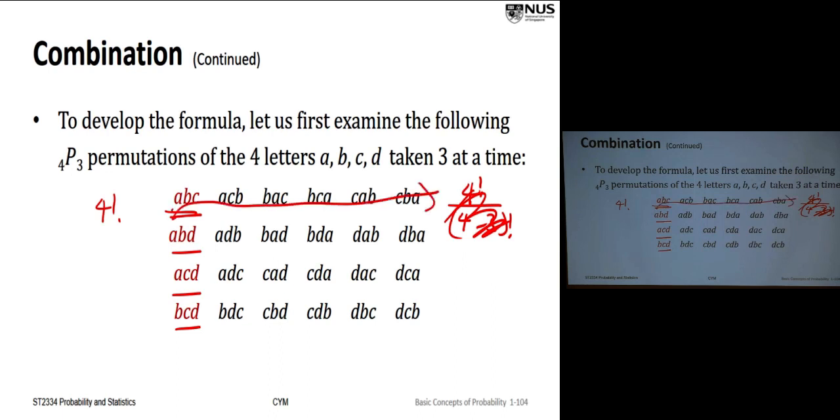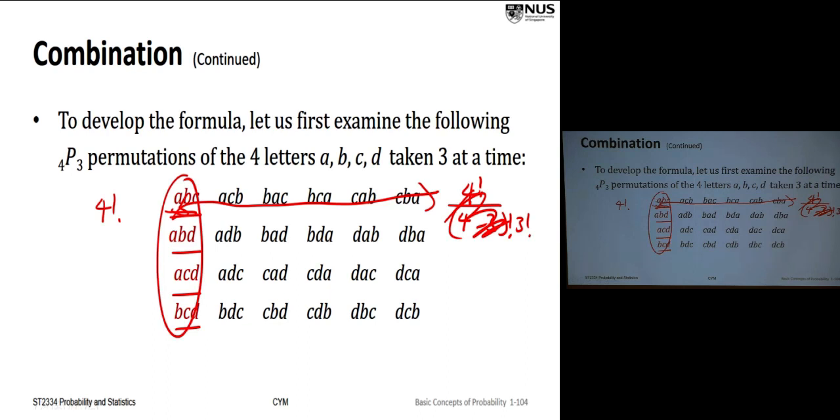But I don't care about the order, how you arrange it. I just need 1, so I have to divide it by 6, which is 3 factorial. So divide by 3 factorial to get the number of possible combinations.